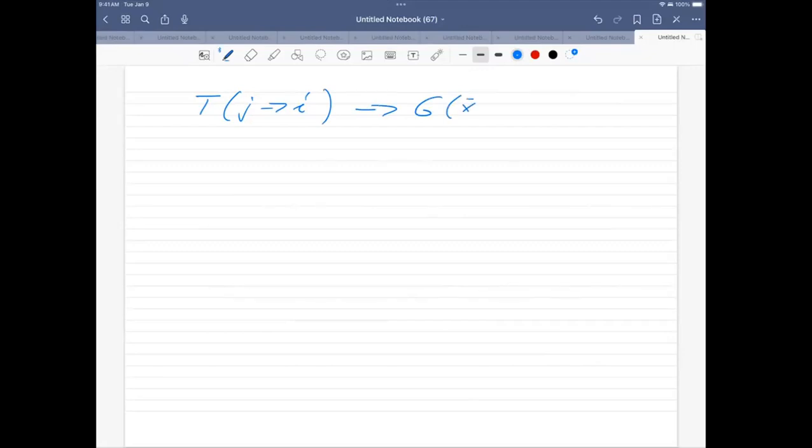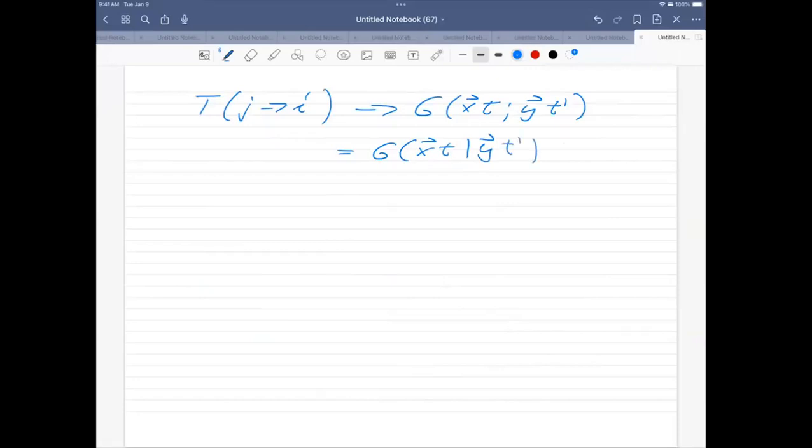And in our case, we have an x at the time t, and we start with a y at the time t prime. You will often see this rewritten in terms of g as a function of x and t given, so this bar here, given an initial position y and an initial time t.